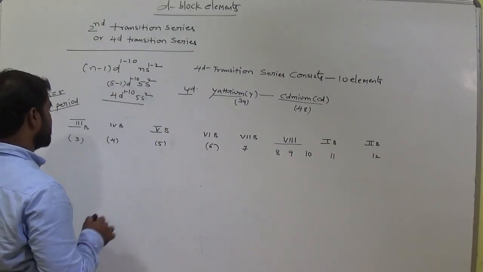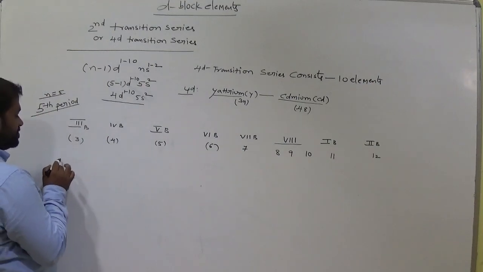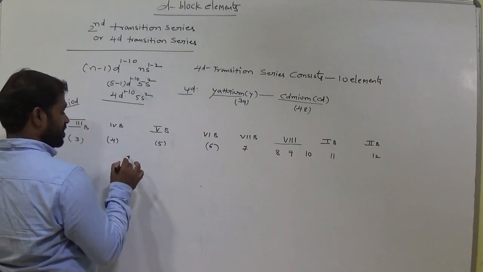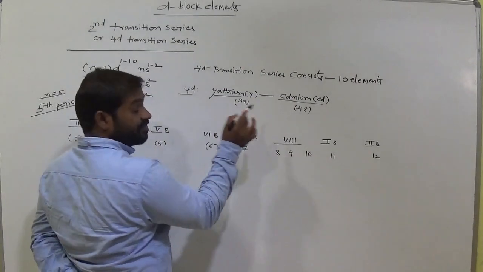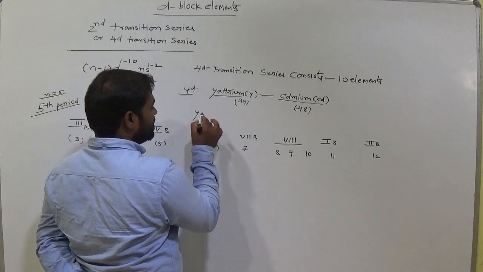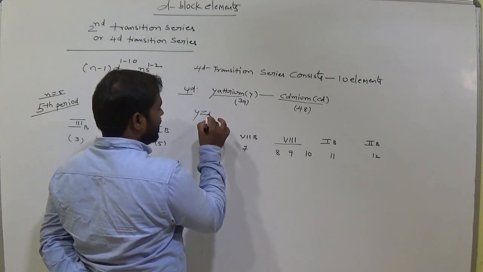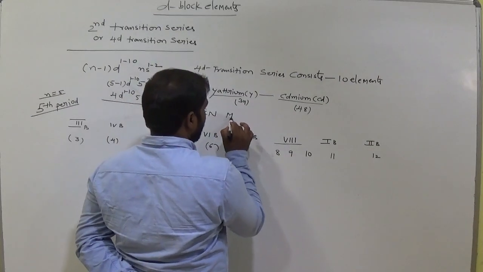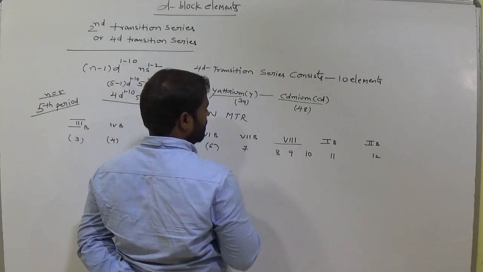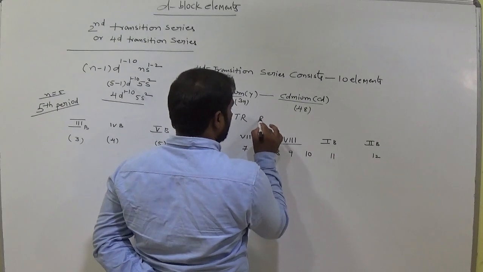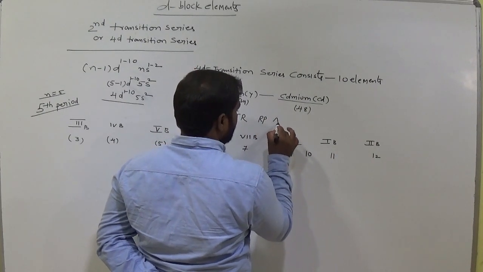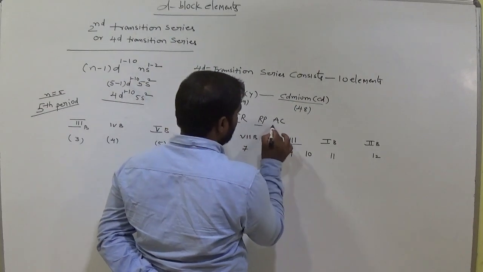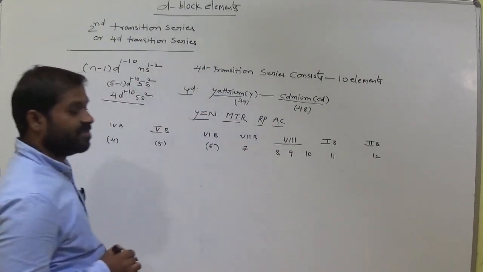Let's see. The first element is yttrium. The short trick to remember the elements is: Y, Z, N, M, T, R, R, P, A, C. Remember this short trick.